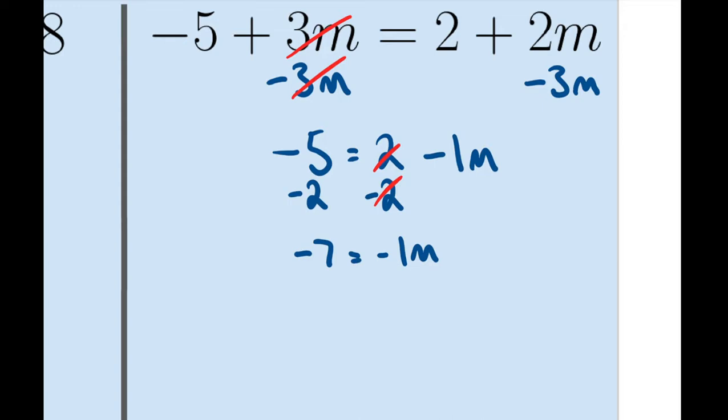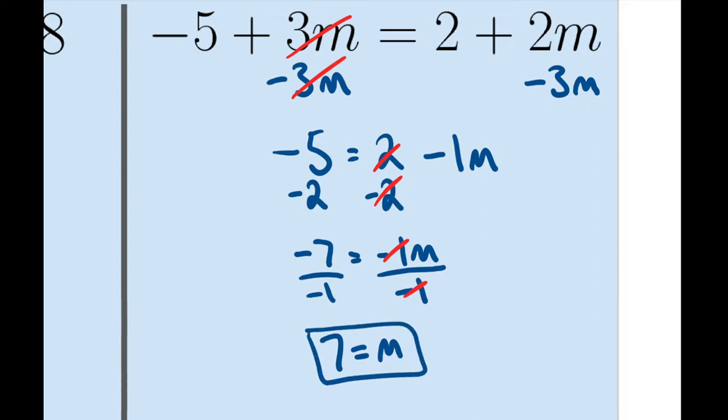We want it for 1m or just m. So we do need to get rid of this negative 1. To do so, we divide by negative 1, opposite operations, divide by negative 1 on the other side. One side will cancel out. Negative 7 divided by negative 1 is 7, and then I'm left with m on the right side. So the solution is m equals 7.